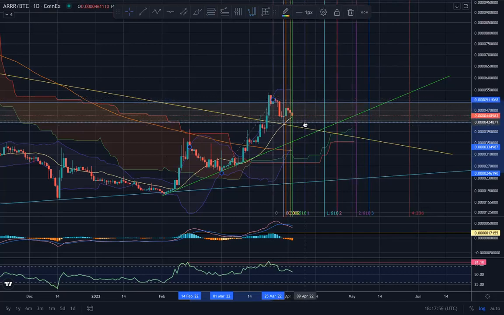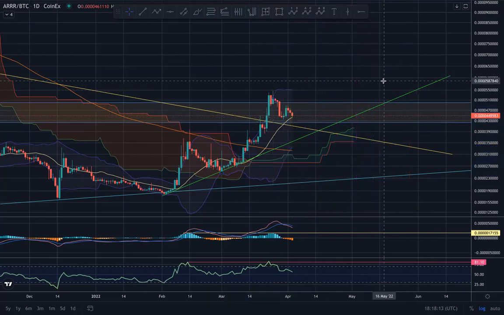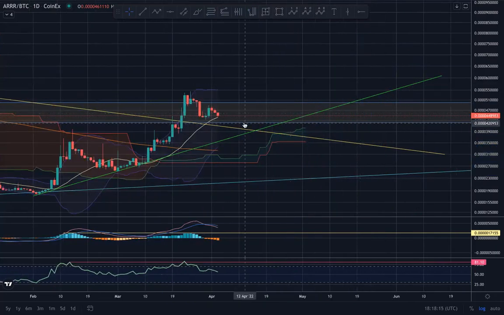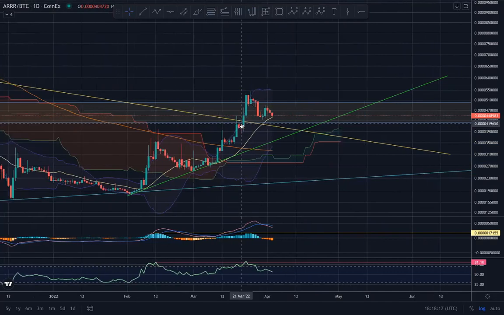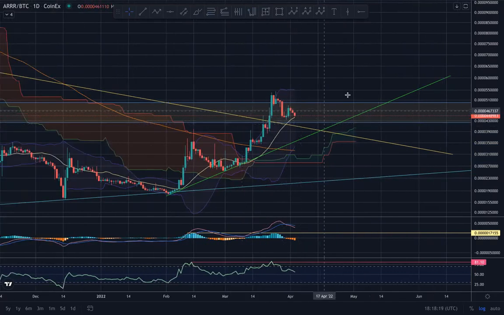So maybe we're down here at like 4,200 Satoshis around that time. Possible, but even better if we could bounce around here, chop around at this 44 level. That would be ideal. 43, 42.5, it's all good. That's fine, no big deal.